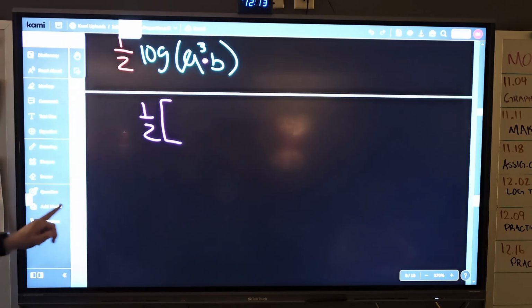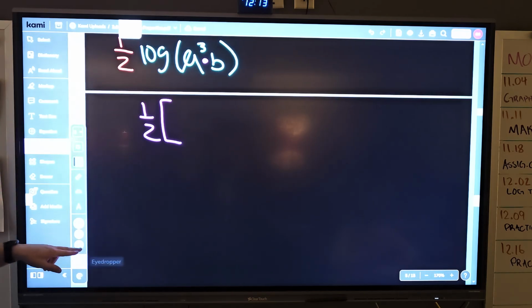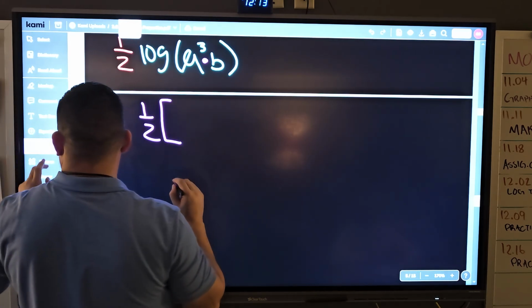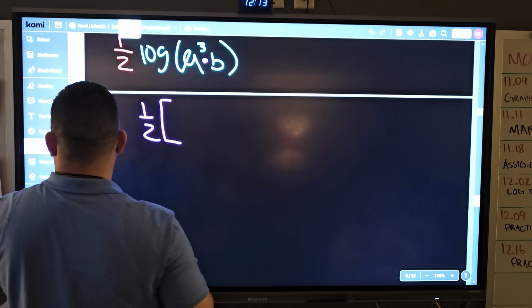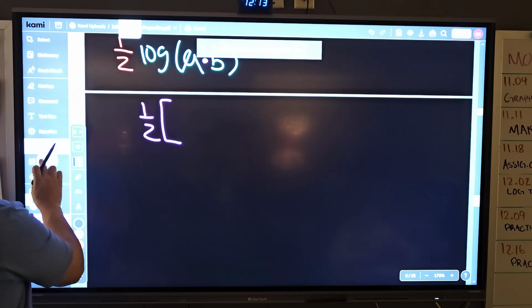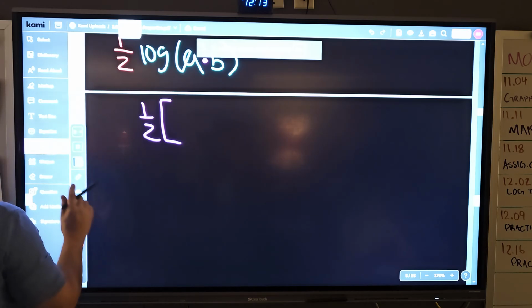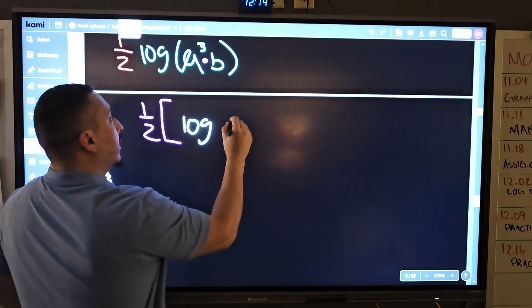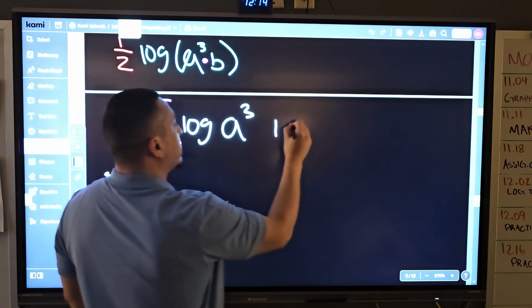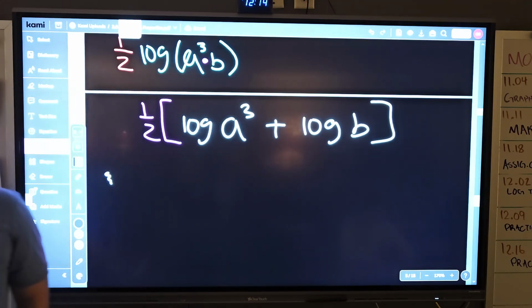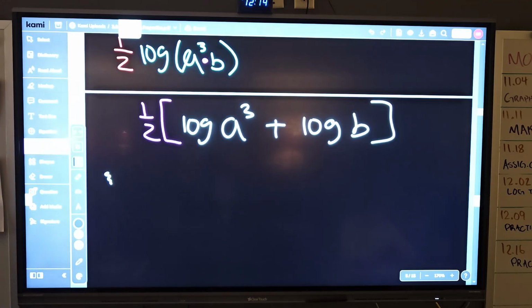Here's a look at the product rule if you're not sure. So log of A cubed plus log of B. Multiplying can turn to add.